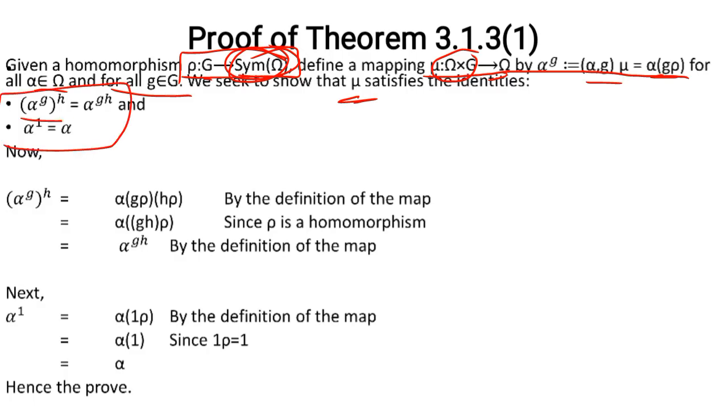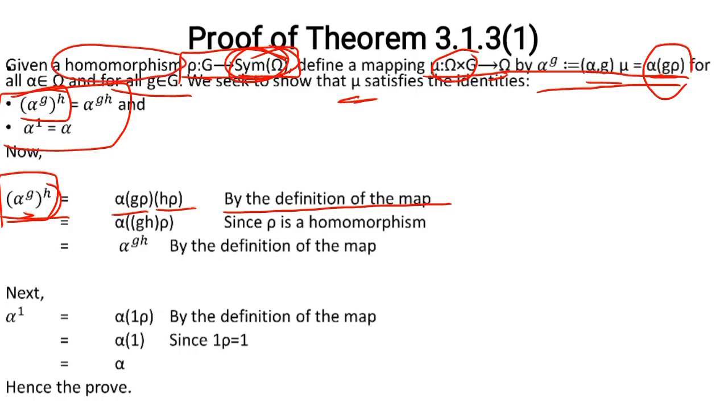We'll check the first one now. Alpha G all raised to power H, what would it look like? We know alpha G by the definition over here, so we're going to use this because this is easier to work with. Now, if H acts on it, if you then pick it with H, the H will be at the side, simply following the definition of the map. But we know that rho is a homomorphism.